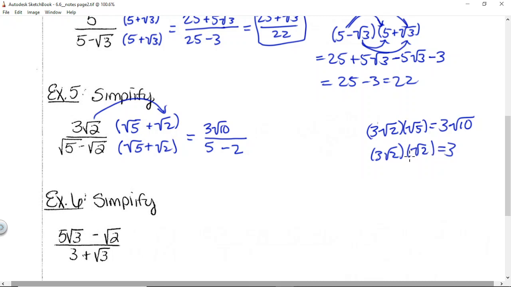We could combine them inside the radical, have the square root of 4, which is 2. Okay, so we have 3 times 2, which equals 6. That's what goes right here.